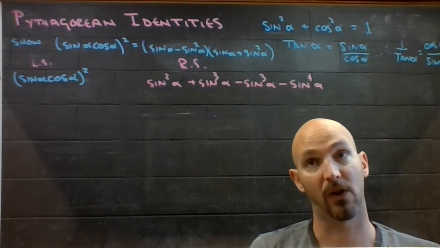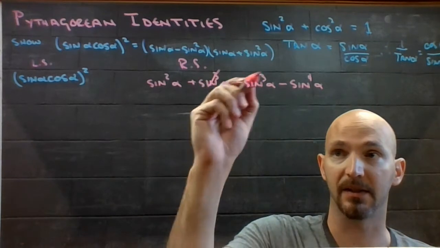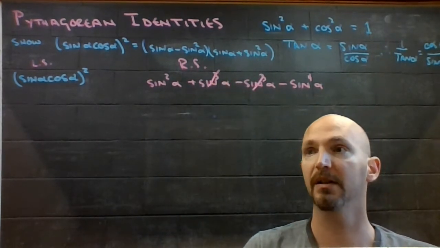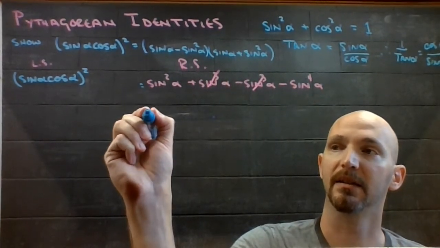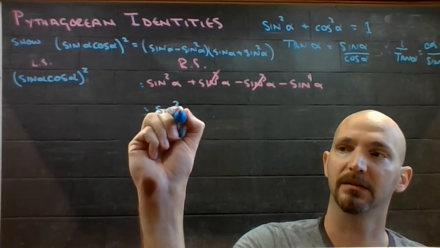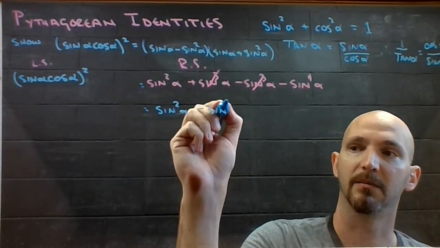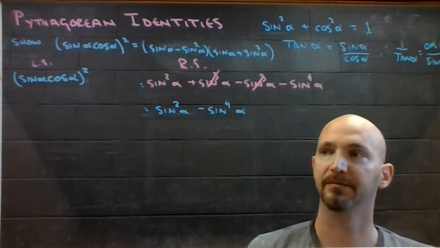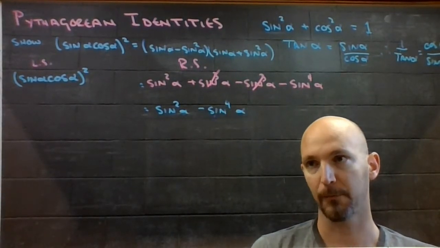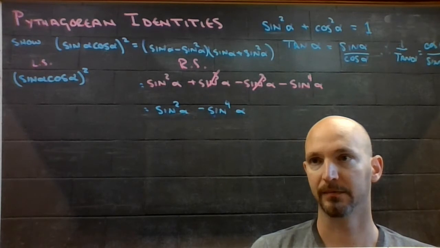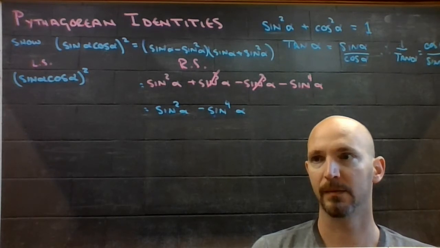And just like in all difference of squares factoring, these two things end up undoing each other, and I'm left with sine squared alpha minus sine to the power 4 of alpha. Okay? Well, we're getting there.